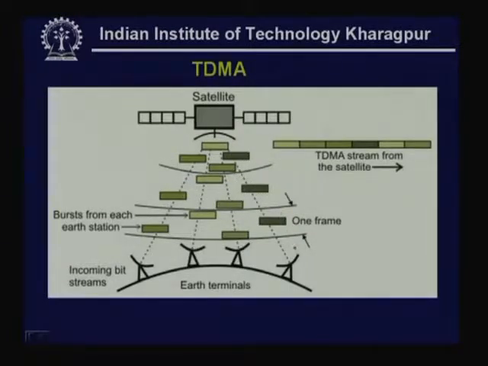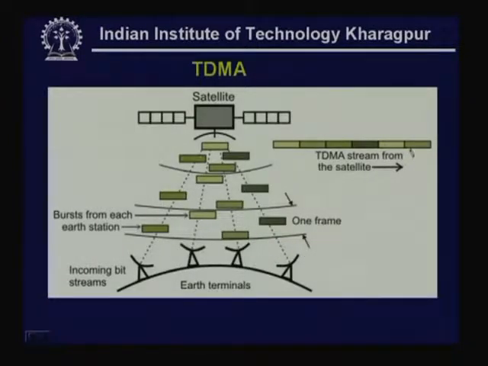You can see different ground stations are sending at different time slots. This one is being sent by one ground station. These packets are being sent by another ground station, and these by another. This is the TDMA stream which is broadcast by the satellite towards all the ground stations.